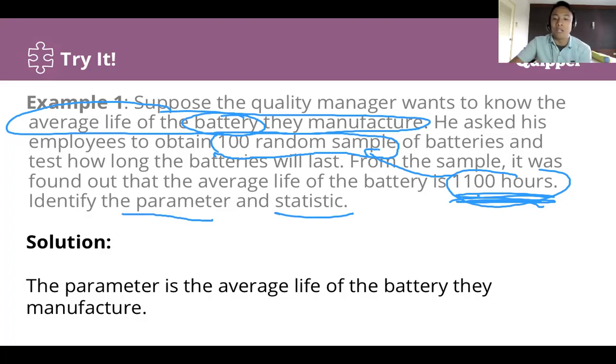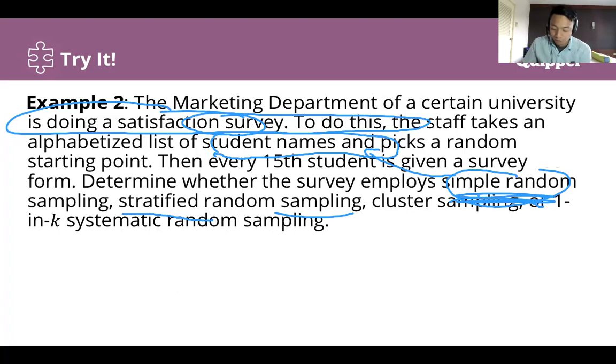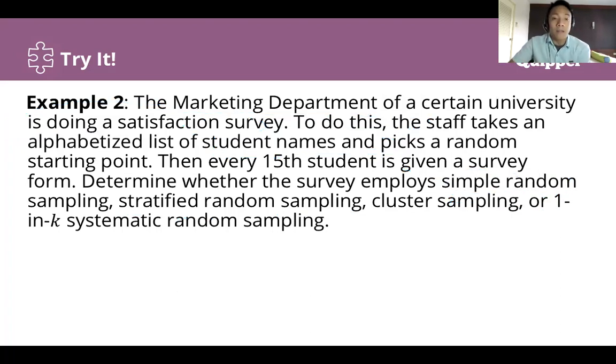Sorry, nawawalan ako ng voice. Number 2. The marketing department of a certain university is doing a satisfaction survey. To do this, the staff takes an alphabetized list of student names and picks a random starting point.